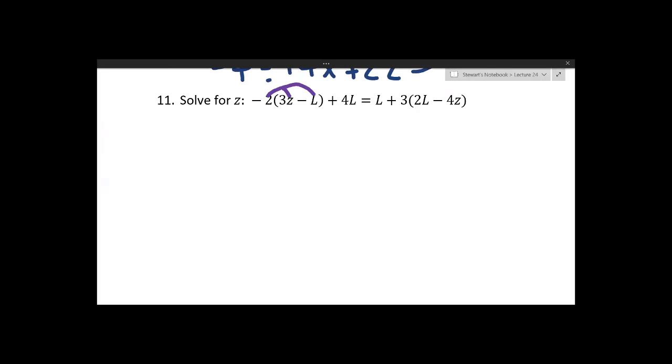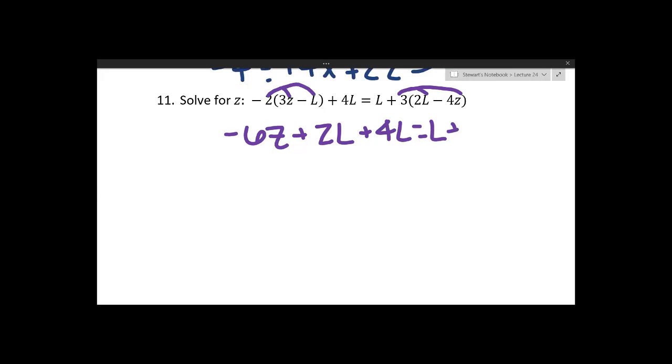So that negative 2 would get distributed, and then this 3 would get distributed. So what we'd end up with is negative 2 times 3z is negative 6z. Negative 2 times negative L is positive 2L. Then we have plus 4L still. And then we're left with this L, and then 3 times 2L.